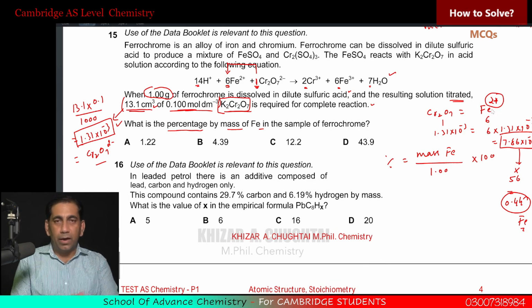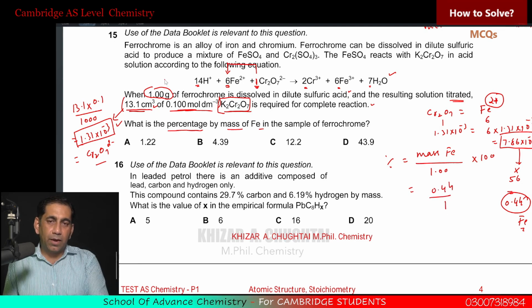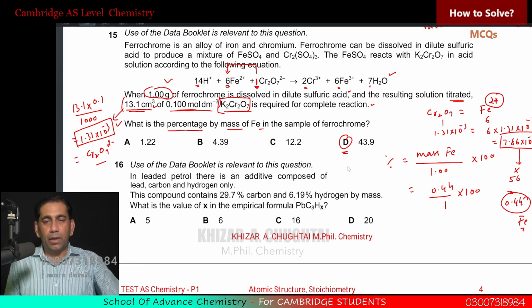Any ion or a normal element has the same AR. So finally 0.44 divided by 1, the total mass of ferrochrome, multiplied by 100, and the answer will be almost 44%. So that is the answer. D is the correct answer.